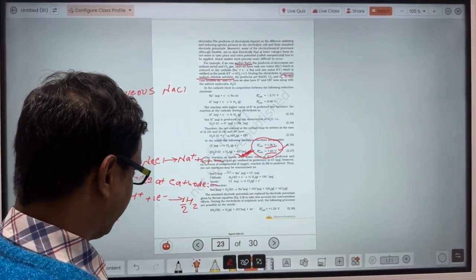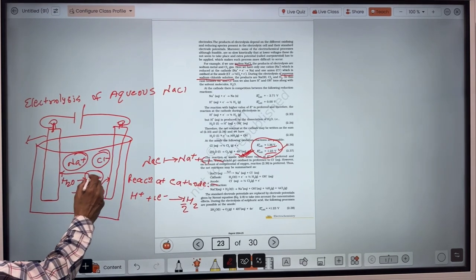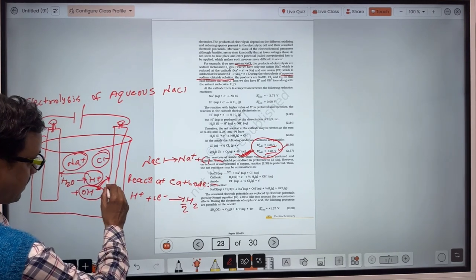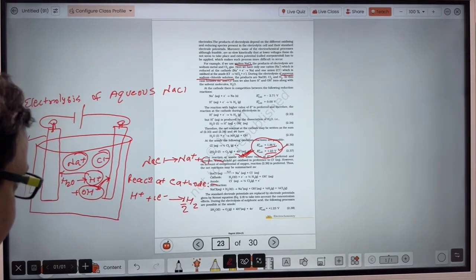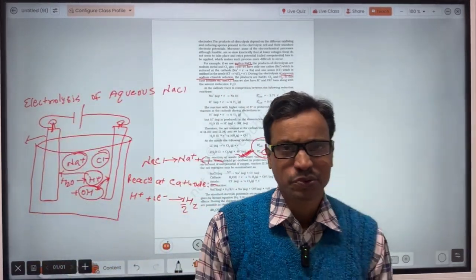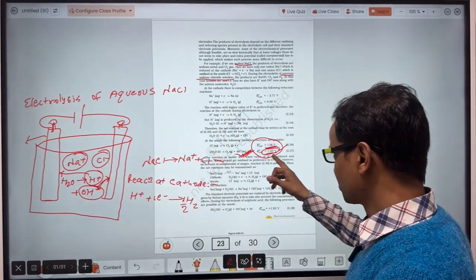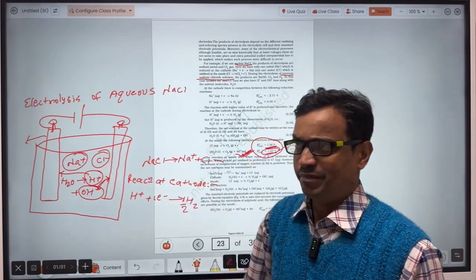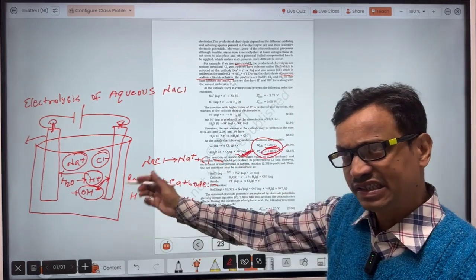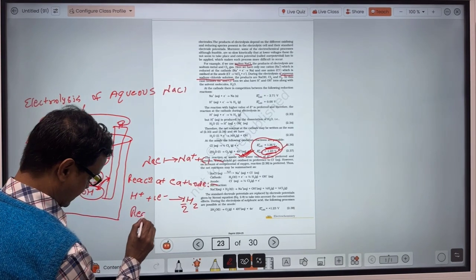So water should go to the anode, but due to the overpotential of oxygen, O2 will not form and Cl2 will form.